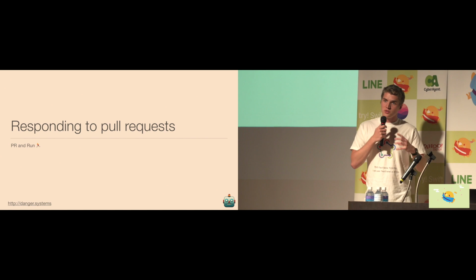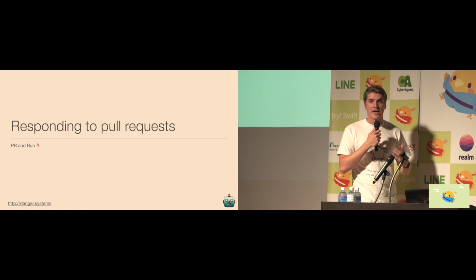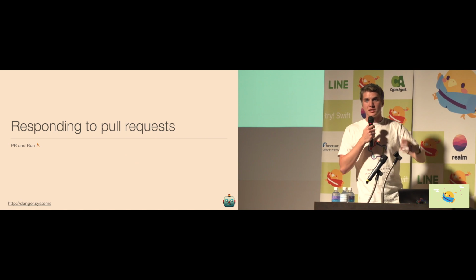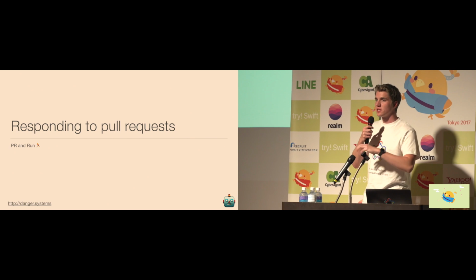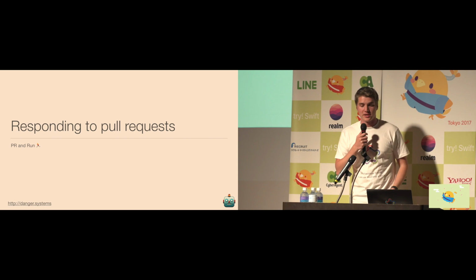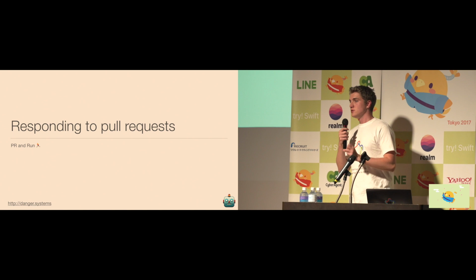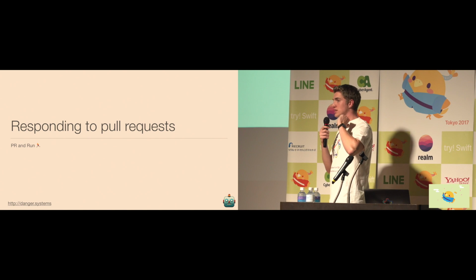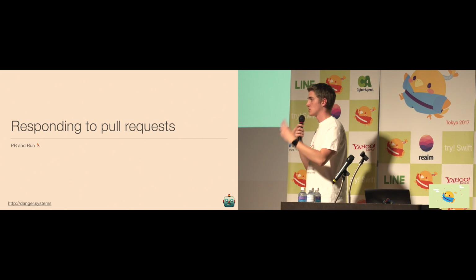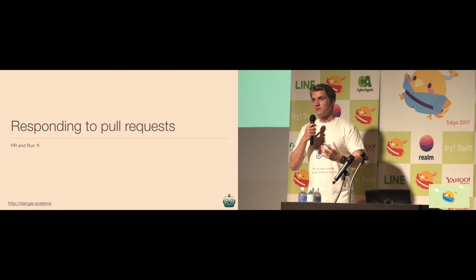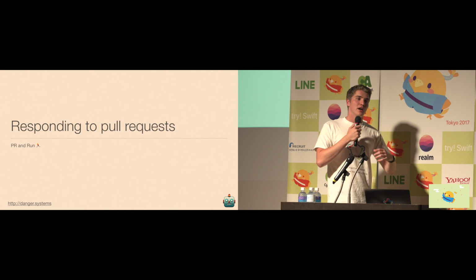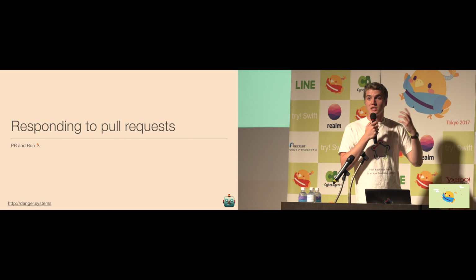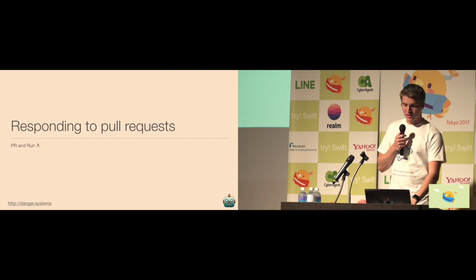So now you as a project maintainer have to go ahead and tell the user to fix the tests. And this is time you spend on something that should be completely automated. So by using Danger, you can automatically add a comment to a pull request when the tests fail, triggering an email notification to the author and telling the user which tests have failed and how to fix them.